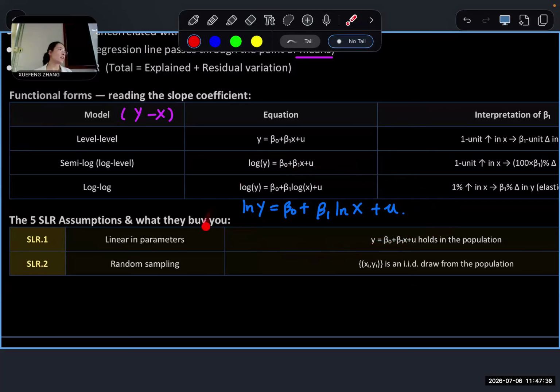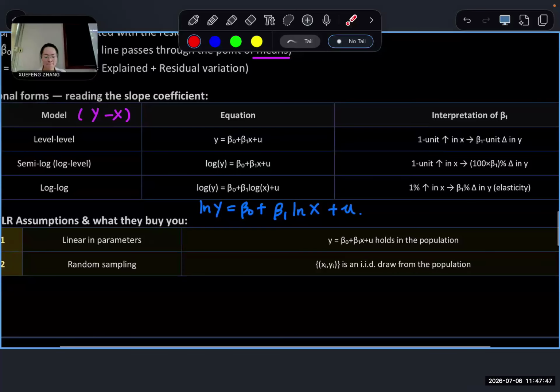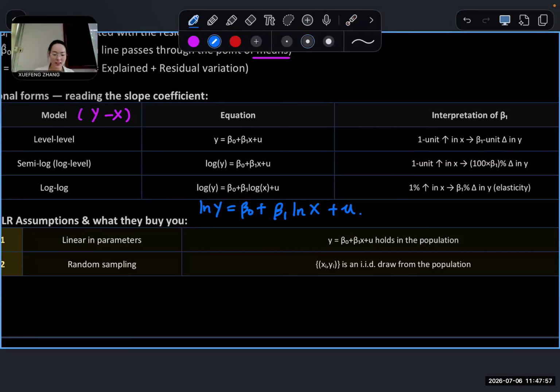So we can have an easy explanation, like how we explain differencing in economics. How do we explain it? Growth rate, right? Growth rate, if we use the difference.